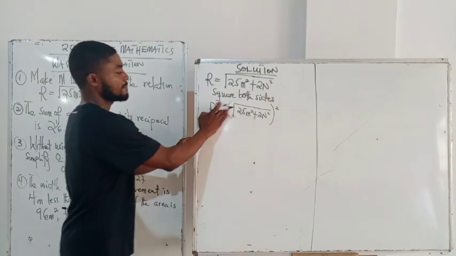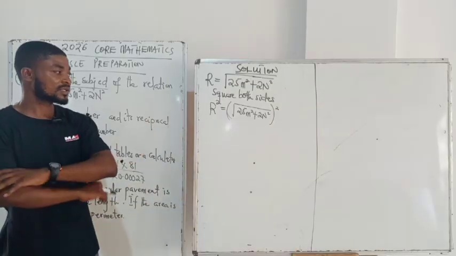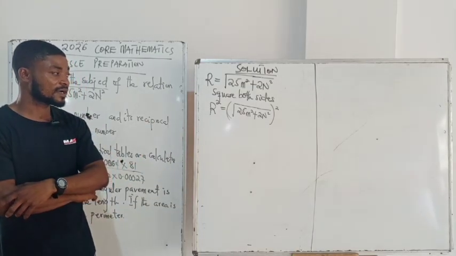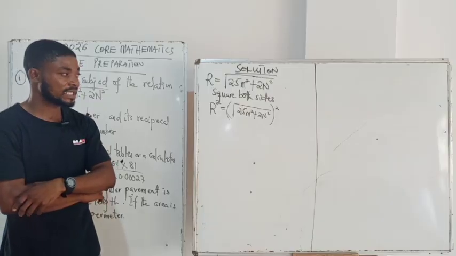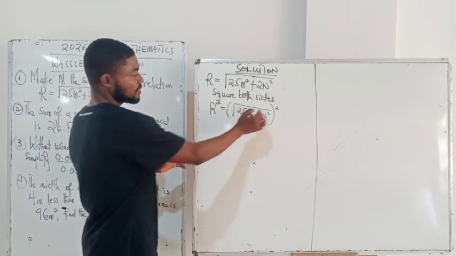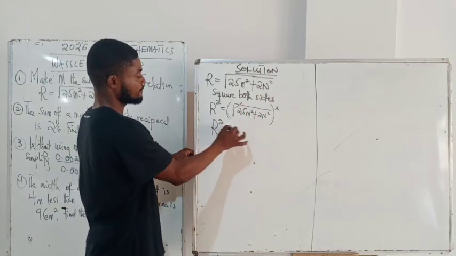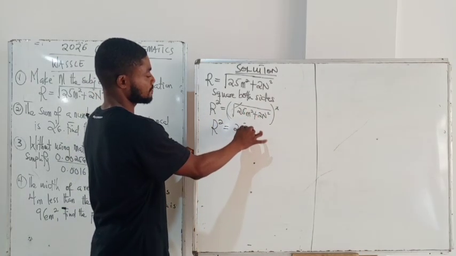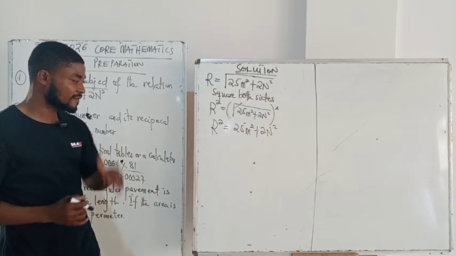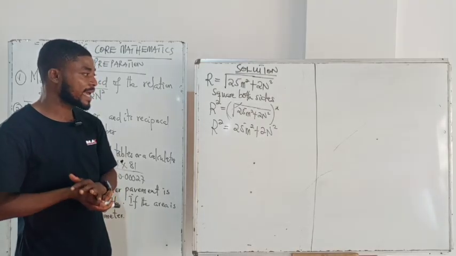When I square both sides, I get r squared is equal to the square root of 25m squared plus 2n squared, all squared. So this 2 will take off the square root here, leaving r squared. So r squared is equal to 25m squared plus 2n squared.